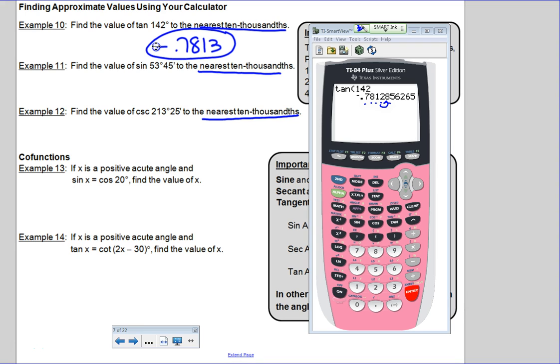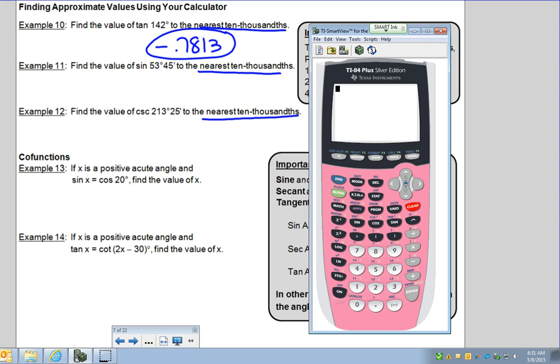Find the value of sine of 53 degrees, 45 minutes. All right, so this is the new thing. How do I find those symbols? So when I type in the sine of 53, I've got to now differentiate between degrees and minutes. On the 84, you do second apps for angle again, just like we have DMS. And then you'll see 1 and 2 are your degrees and minutes symbols. On the Inspire, you're going to press the key that has the question mark symbol.